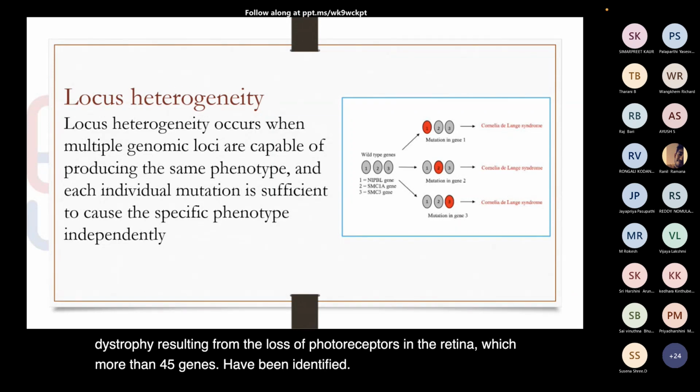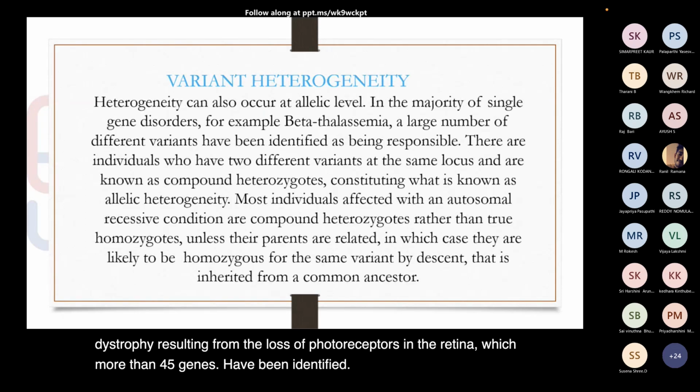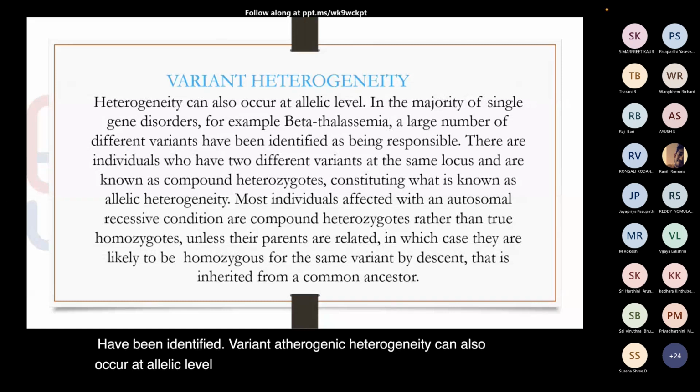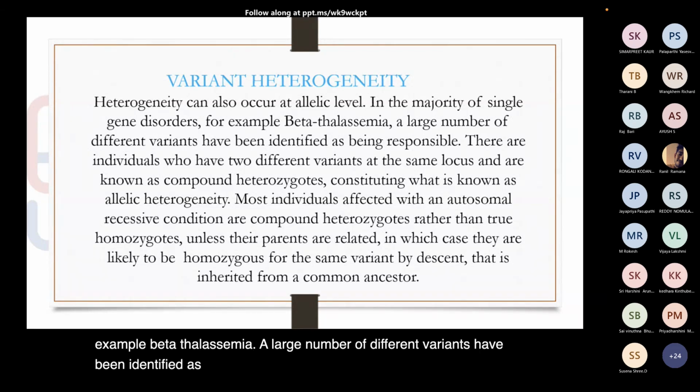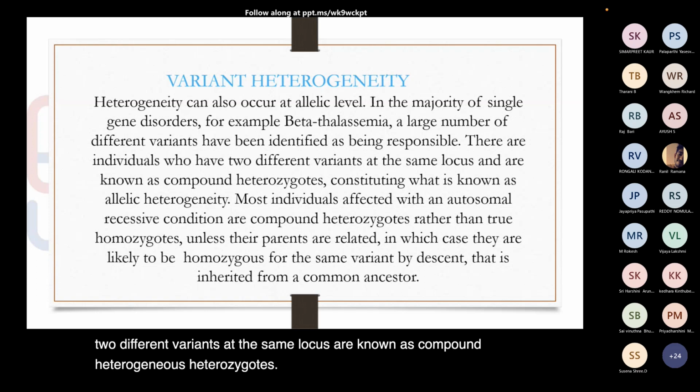Variant heterogeneity. Heterogeneity can also occur at the allelic level in the majority of single gene disorders. For example, in beta thalassemia, a large number of different variants have been identified as being responsible. There are individuals who have two different variants at the same locus and are known as compound heterozygotes, constituting what is known as allelic heterogeneity.